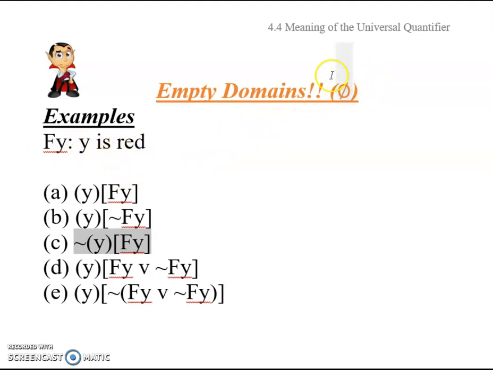And we're going to assume that the empty domain is in play. So if absolutely nothing whatsoever exists, is this statement right here, the simplest universally quantified statement we can have, true or false? Pause now.